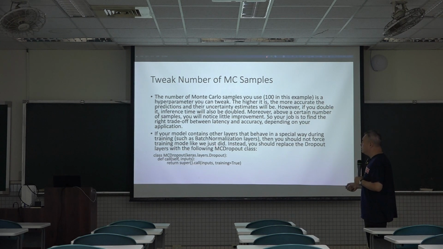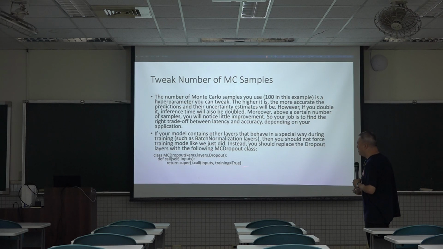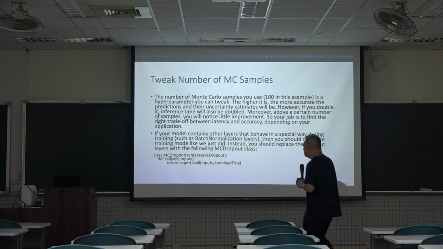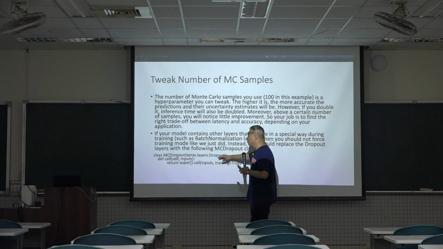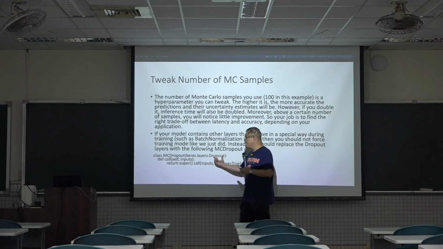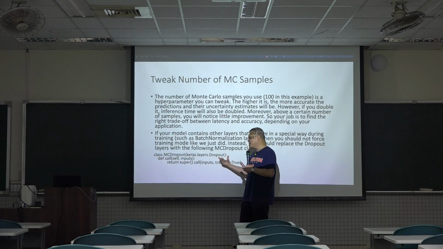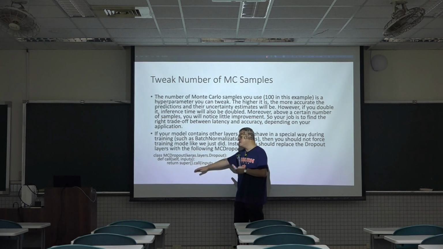If your model contains other layers that behave in a special way during training, such as a batch normalization layer, then you should not force training mode, because in training mode the model will behave differently. So you should replace the dropout layer with MC dropout, a subclass of the dropout layer. Basically it does exactly the same thing.